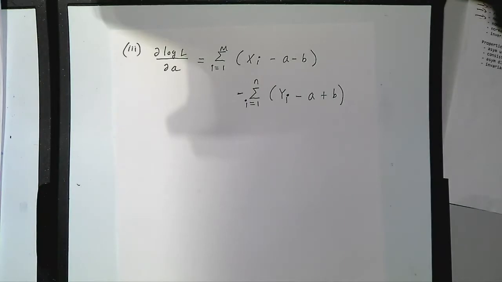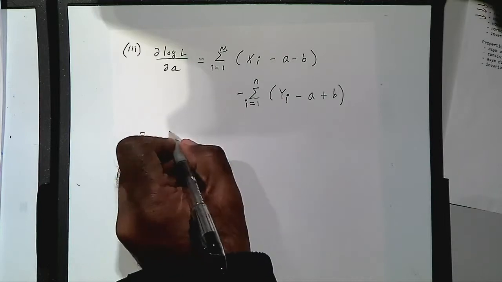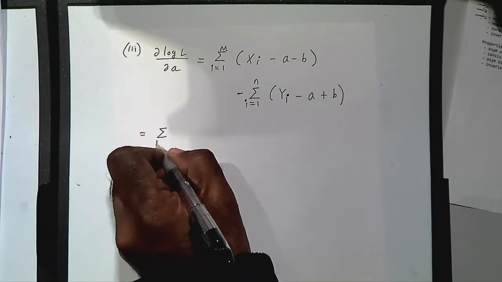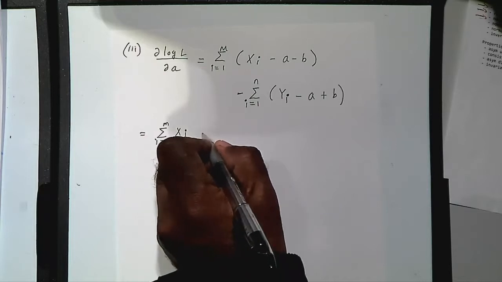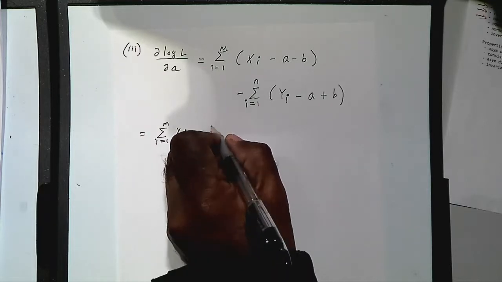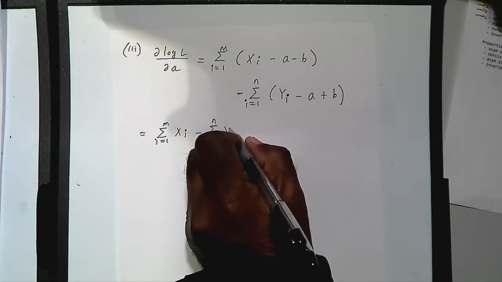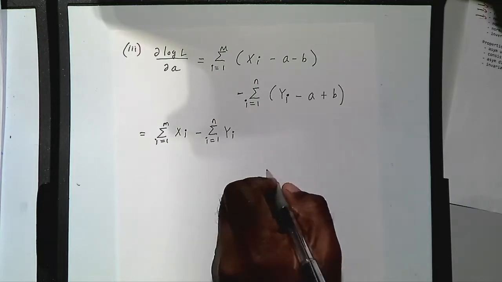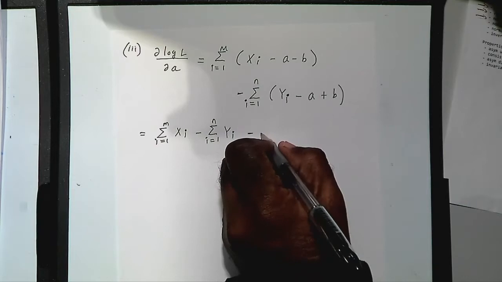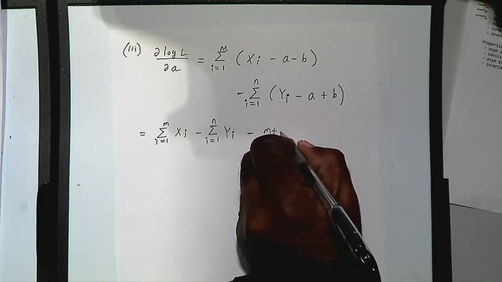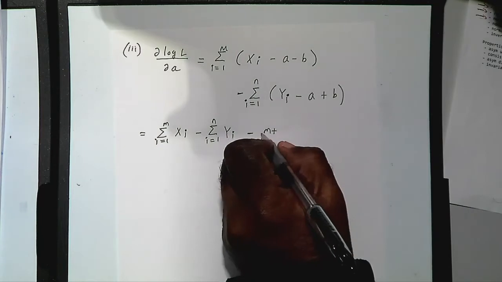Okay, guys. So let's try to simplify this. This will be the sum of xi minus the sum of yi, right? Minus m plus, sorry, what am I saying?